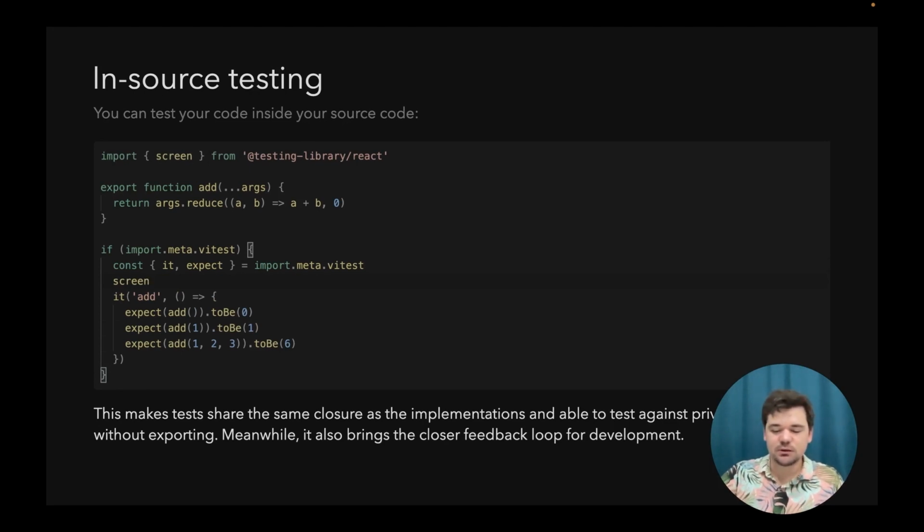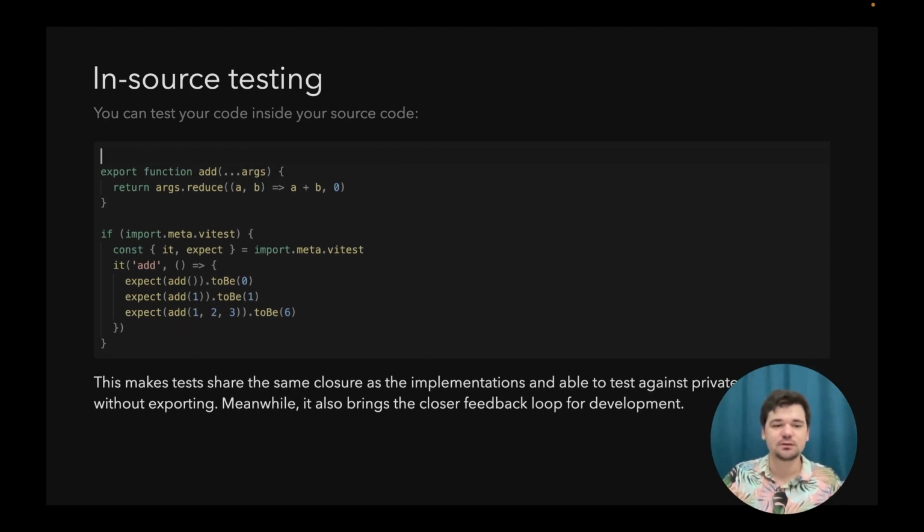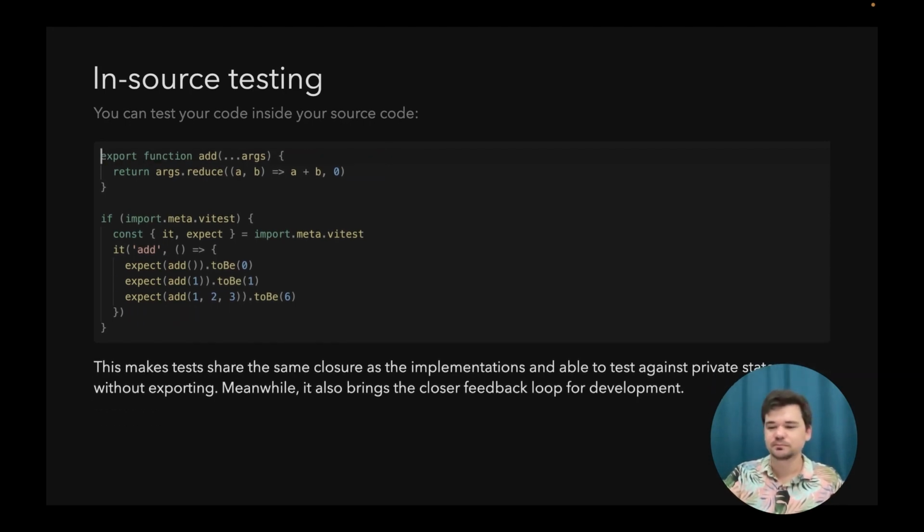Because I think you need a side effect property in your package.json, or in the package.json of the module itself, to specify that it can be safely removed. I think this is all for features that I had time to show you, and let's talk about what is coming next for Vitest.